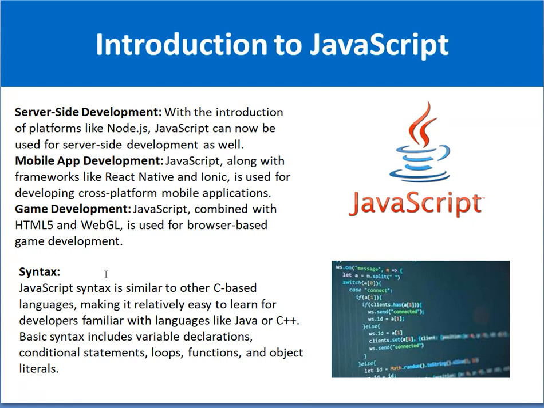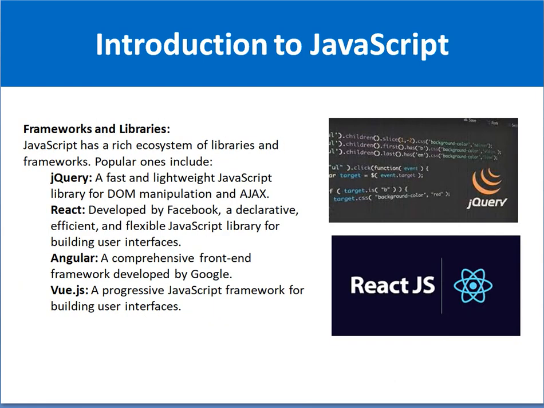It includes basic concepts like variable declaration, conditional statements like if-then-else, loops like for loop and while loop, functions, and object literals as well. So very basic, very similar to other languages like Java, C++, or C.